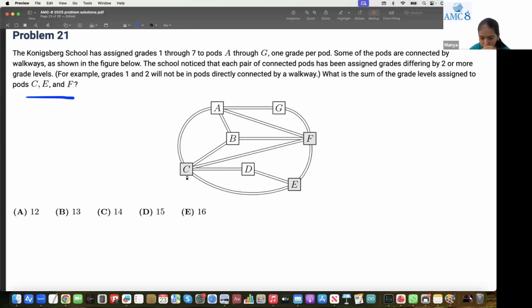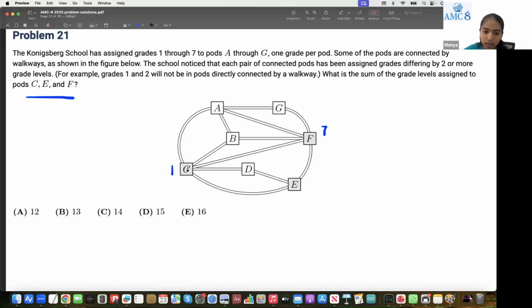By that, I mean that C is not connected to G and F is not connected to D. Okay? So, suppose that C can be 1 and F can be 7. It doesn't really matter which way it is, they can switch roles. I'm just going to do it like this, but it's up to you how you place them.